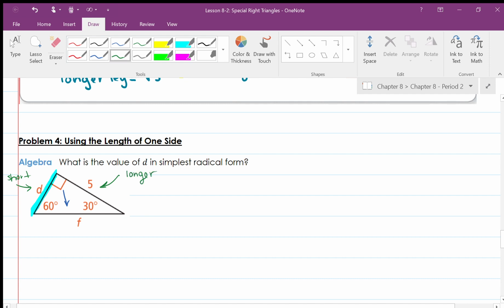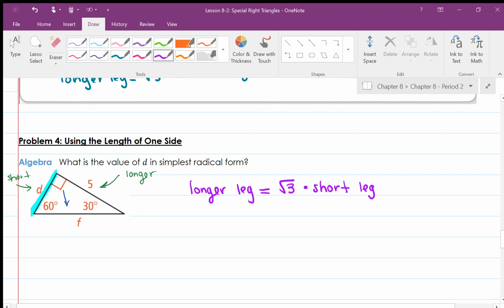So we don't have our shorter leg here, and that's what we're trying to solve for, but we do have our longer leg. So we're going to put that to use. According to the theorem above, our longer leg is equal to radical 3 times our shorter leg.